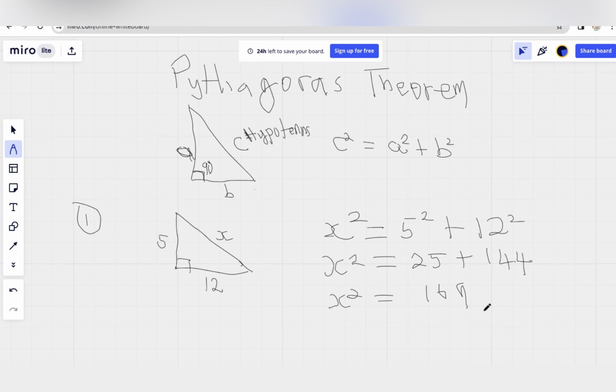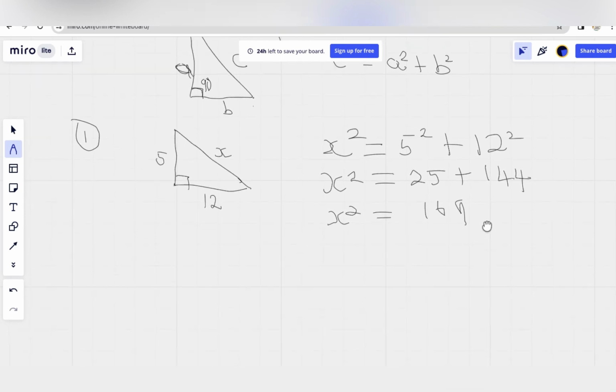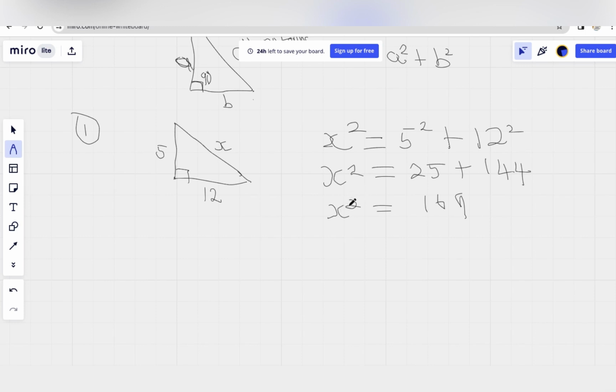So the next thing to do is to find the square root of both sides so that we can eliminate this square. We've said that severally. So let's find the square root of both sides.